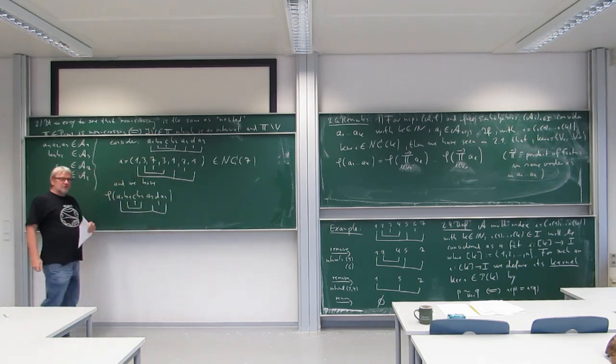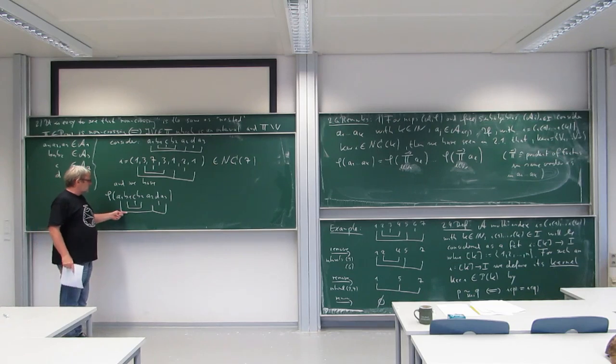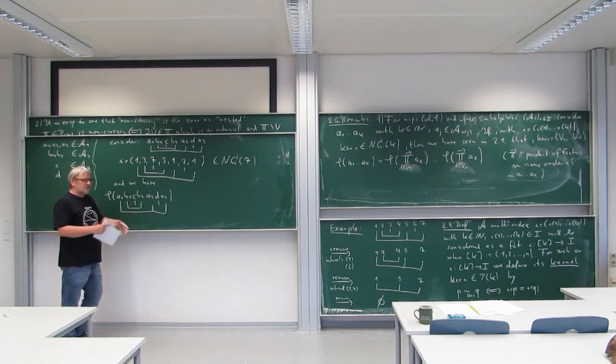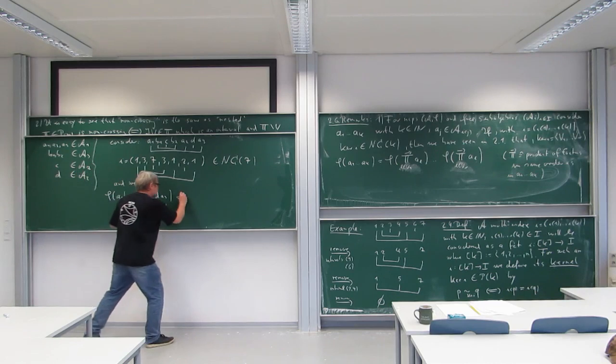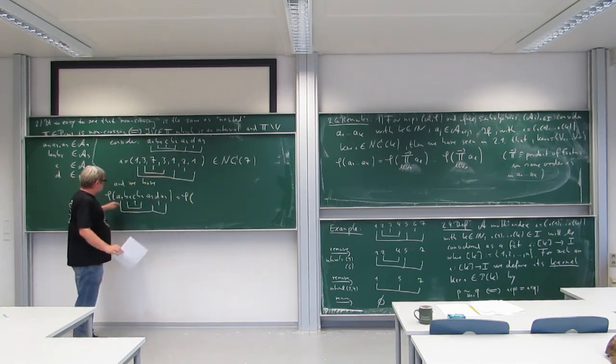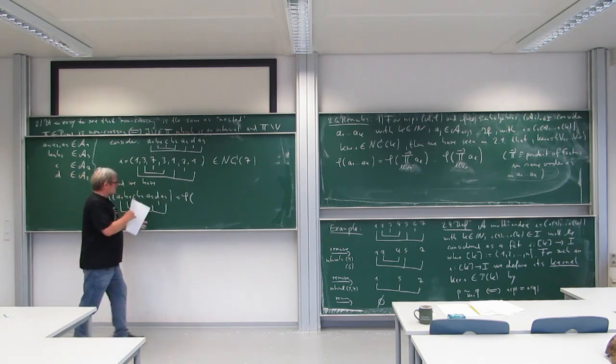This factorizes into a product of terms. We have a factor for each block, and in each we just multiply the elements corresponding to the block together and take phi. So for this block, I take phi, and then I multiply the elements corresponding to this in the original order. So I take A1 times A2 times A3. That's what I mean with this arrow. Okay? Taking the original order.